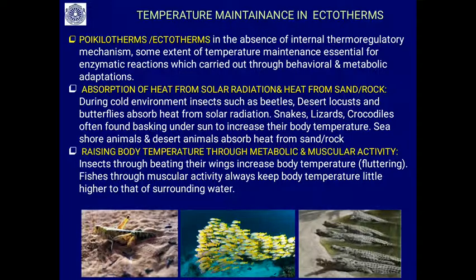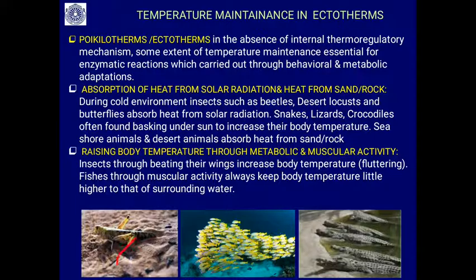So how do they maintain it? Poikilotherms or ectotherms, in the absence of a thermoregulatory mechanism, need some extent of temperature maintenance essential for enzymatic reactions, which is carried out through behavioral and metabolic adaptations. Those are absorption of heat from solar radiation, or from the sand or from the rock.